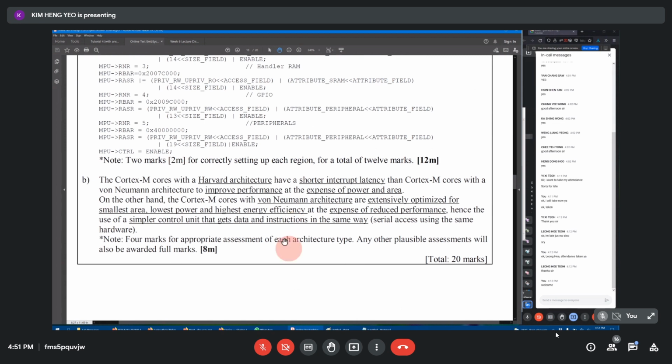So if you say Harvard architecture, better performance is 2 marks, but worse area and power is 2 marks. Then if you say von Neumann is lower performance, 2 marks, but better energy efficiency, 2 marks. So 2, 2, 2, 2, add together 8 marks.